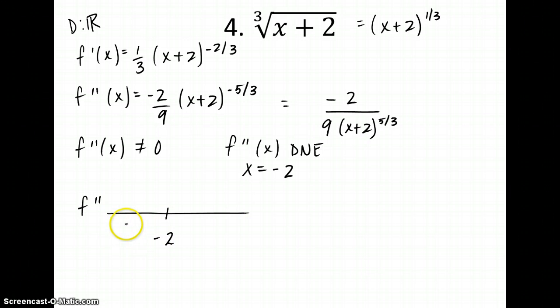Alright, if we plug in a negative value, let's say negative 3, that's an easy one for you guys to see. Negative 3 plus 1 is negative 1, so that would give me a negative over a negative, which would be positive. If I were to plug in 0, I would get a negative over a positive, which would give me a negative value.